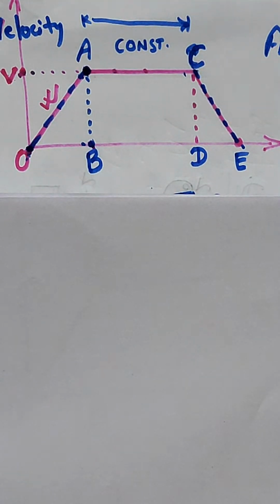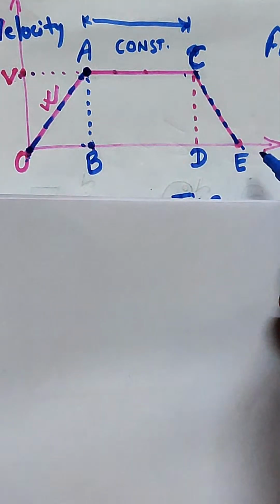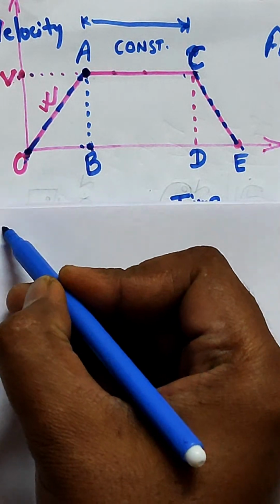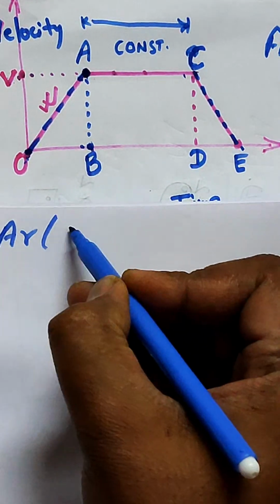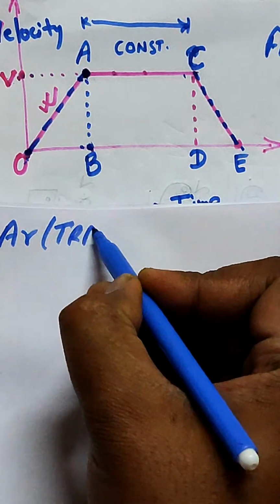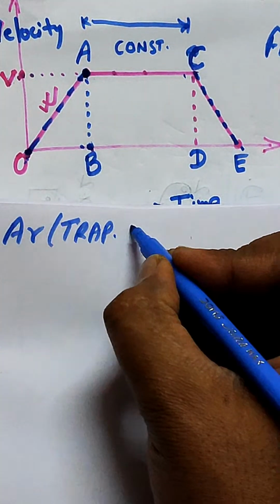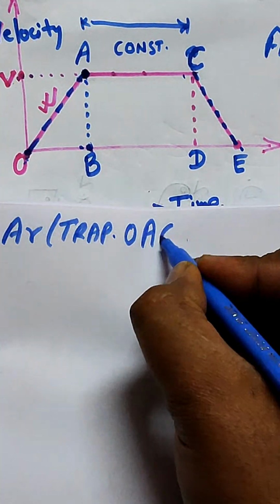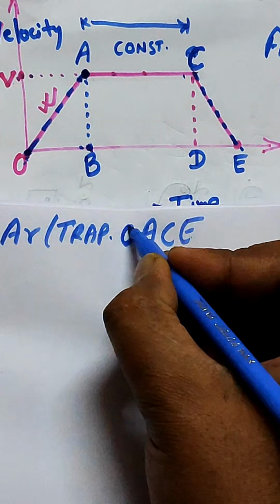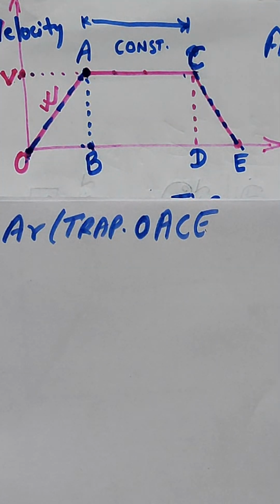So we will be calculating the area under the graph OACE. So the area of, let's say, trapezium OACE, right?